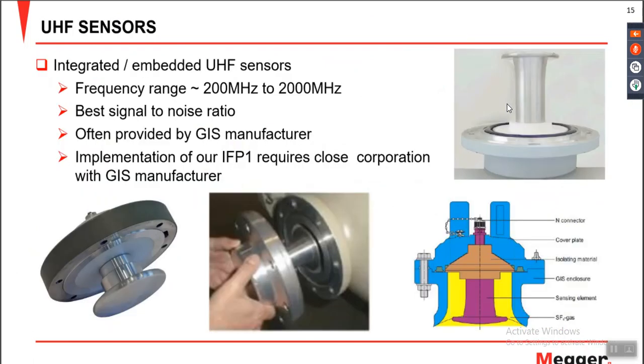Okay, so slide number 15 is about the integrated or embedded UHF sensors. So the question is, for implementing these embedded sensors, do we need to take a shutdown? The answer is yes. If you have to integrate the embedded sensors, you need to take a shutdown, because as shown in this image, these sensors are a part which goes inside the GIS.